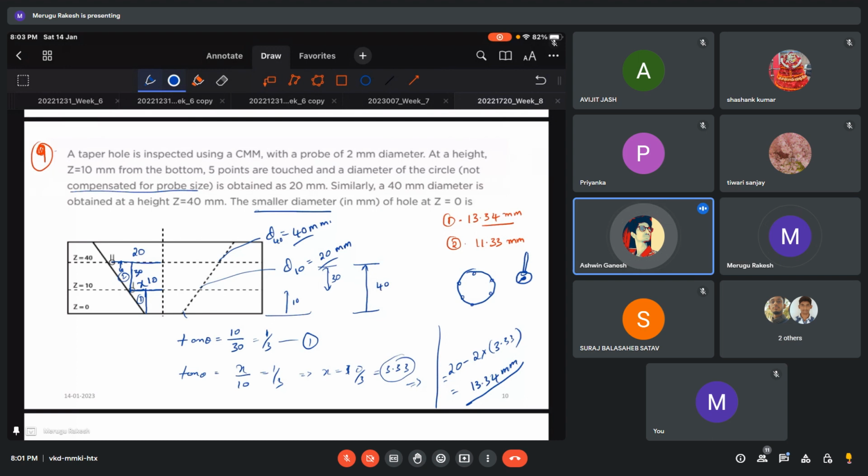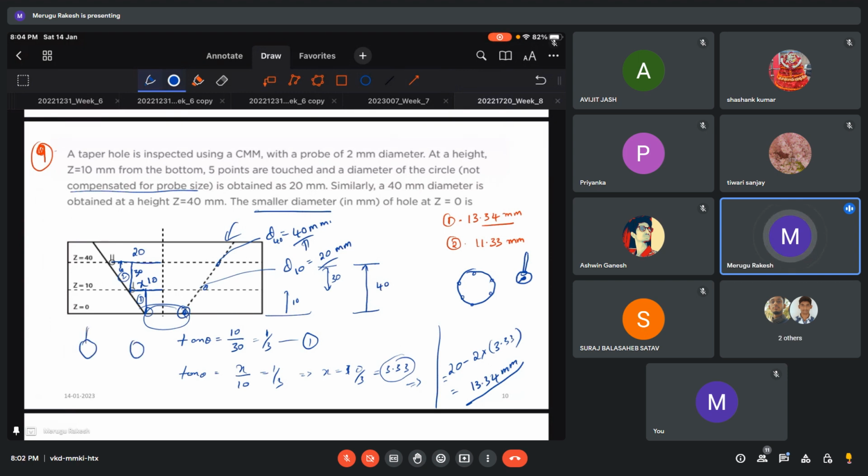Can you please repeat? One thing is they are saying the smaller diameter. We already have 40 here, then 20 here, so of course the smaller diameter in this component is this one. The other way to see it is, suppose you are considering the probe center to center distance. Suppose this is the probe. Now we are just calculating this distance, that is 13.34.